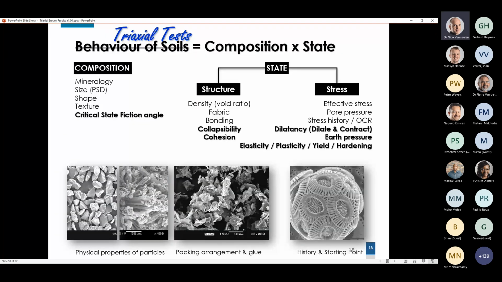What it will give you is a framework to be able to understand and differentiate between the effects of the composition of a soil versus its state, where state represents the combined effects of the structure of the soil, which includes things like fabric and bonding, versus the stress state of the soil and the history of the stress state. And once you start to understand how each of these elements that are listed on this slide influence your test results, you begin to develop the skills that allow you to differentiate that behavior and to be able to derive reliable, appropriate, and relevant parameters.